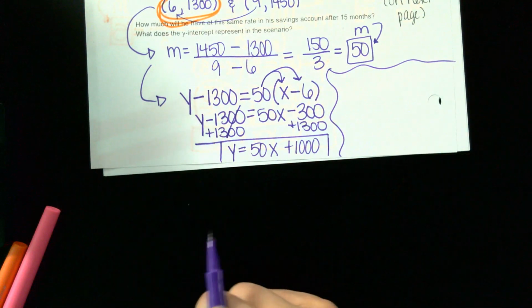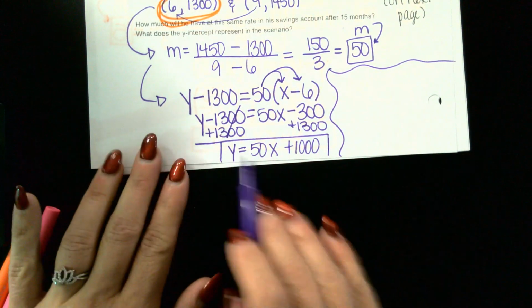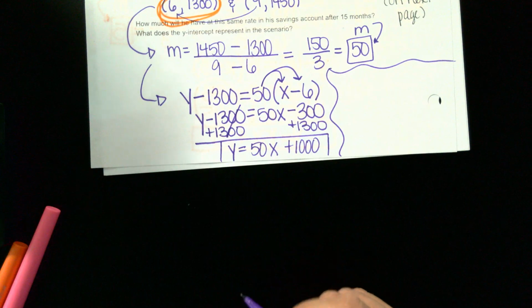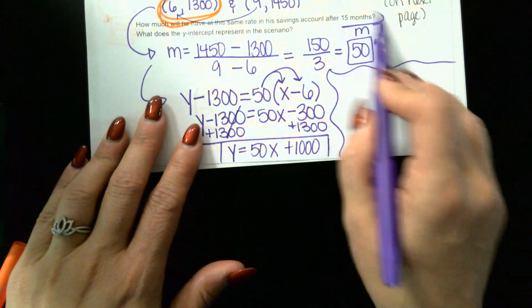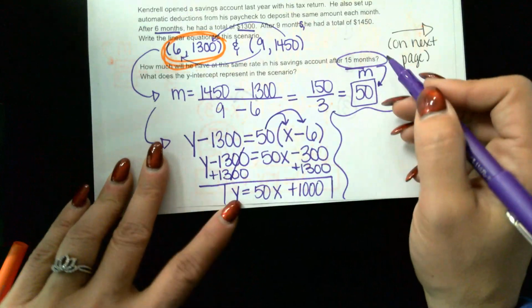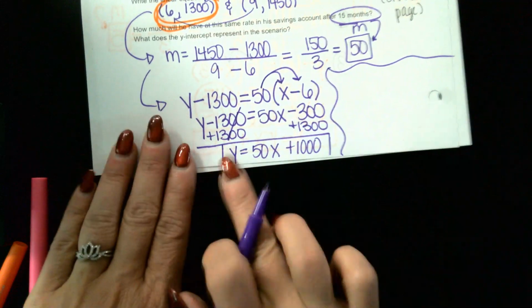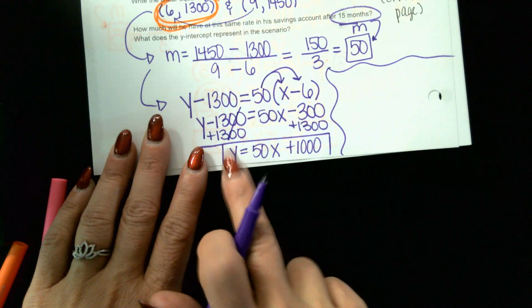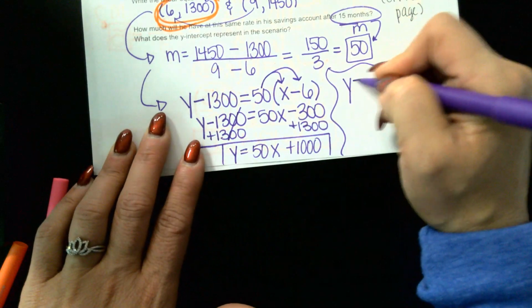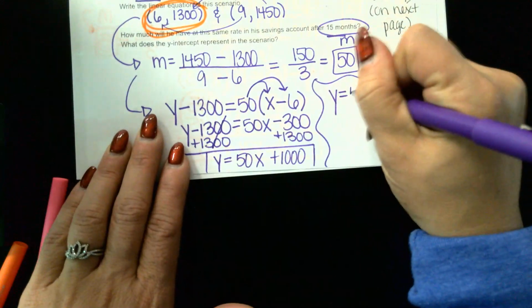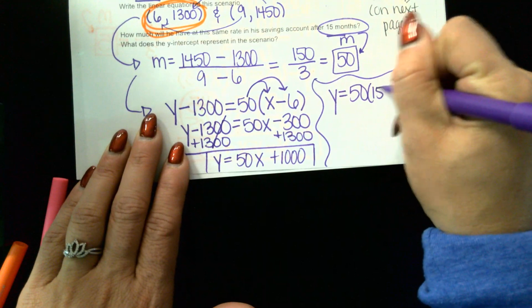No, because now we're using this equation to find different values. So if they've told us the number of months, which is always x, we just replace the x with the 15. We want to know how much money, that's the y. We want to know what y is after 15 months. So we would take that x out and replace it with a 15.